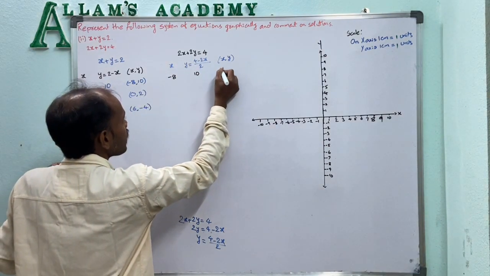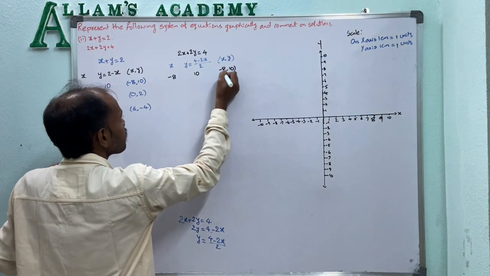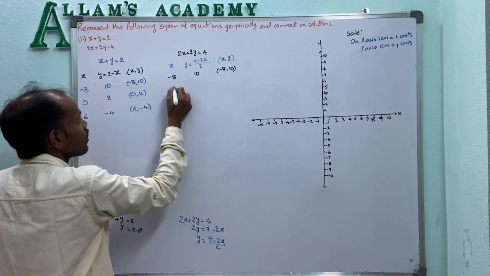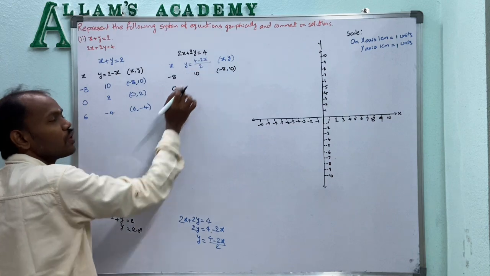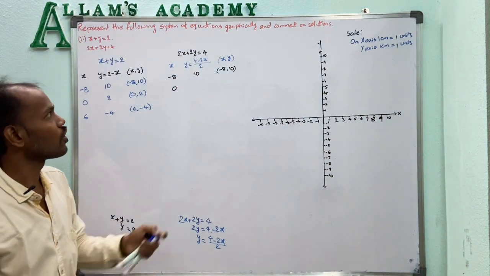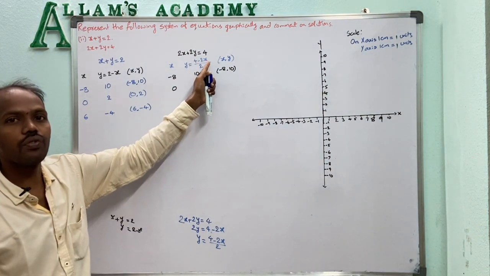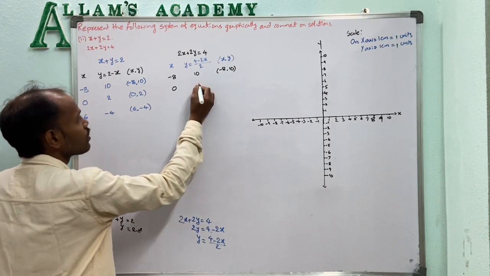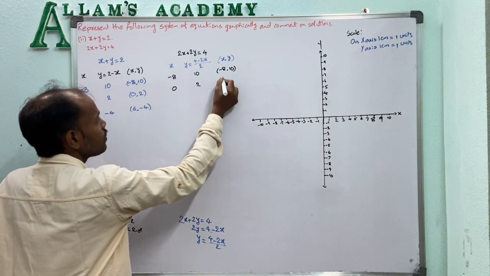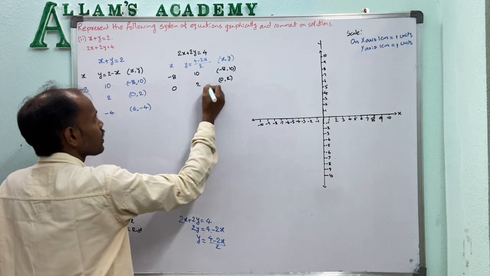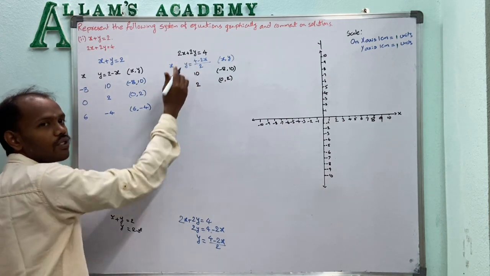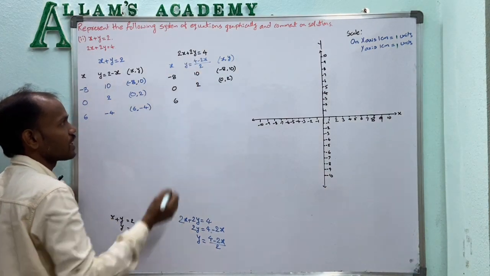So minus 8 to 10. Next, if I substitute 0, 2 into 0 is 0, 4 minus 0 equal to 4, 4 by 2 equal to 2. So 0 to 2.